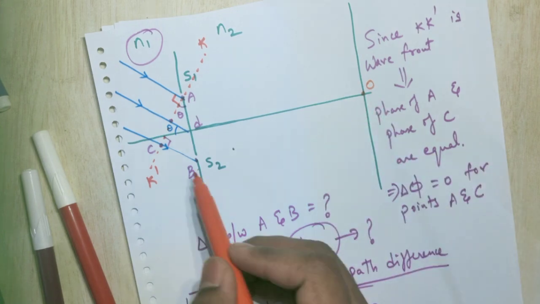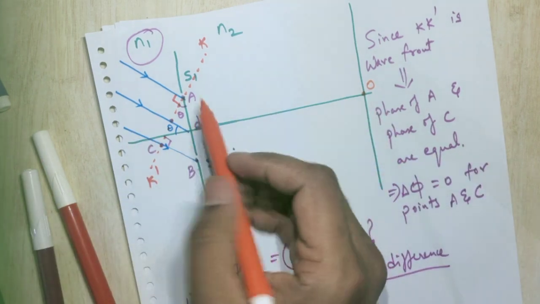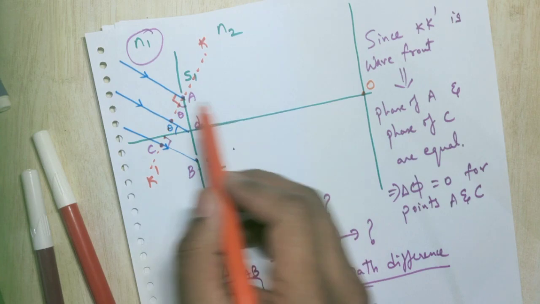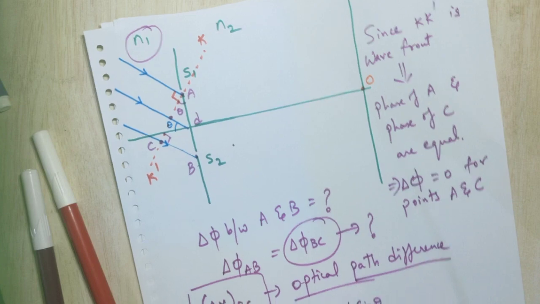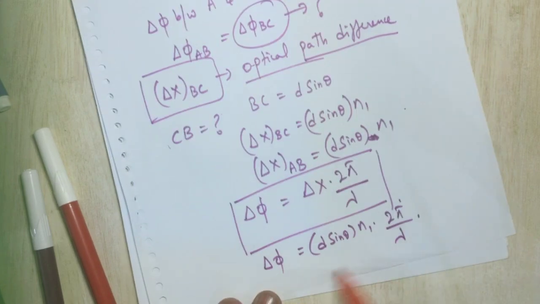But in this particular problem, whatever light is entering from the S1 and S2 slits already has some finite phase difference, equal to what we found out.